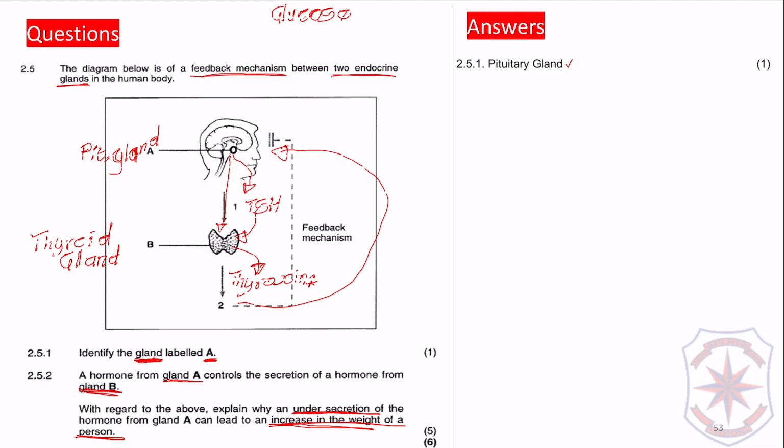Thyroxin increases the breakdown of glucose into what? The breakdown of glucose to release energy. Still remember? So thyroxin stimulates the breakdown of glucose, and the breakdown of glucose will release energy in the form of ATP, and this is known as cellular respiration.